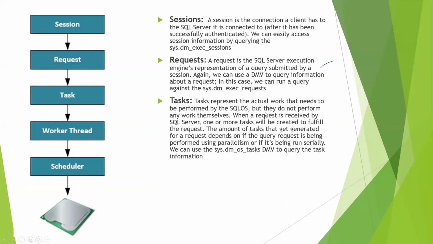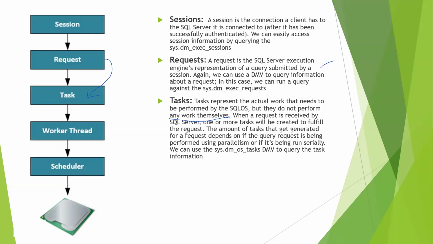A task represents the actual work that needs to be performed by the SQL operating system. As I told you, a request will be assigned to a task. A task will be created and the request assigned, but tasks do not perform any work themselves, because a task is just an assignment before it is handed over to the thread.